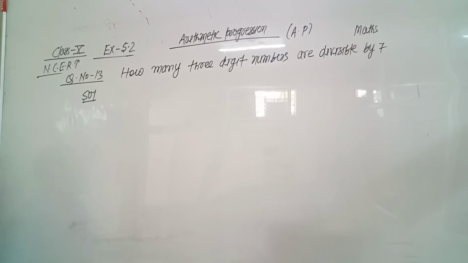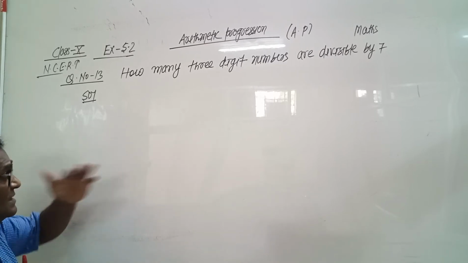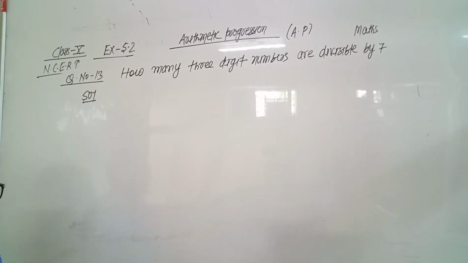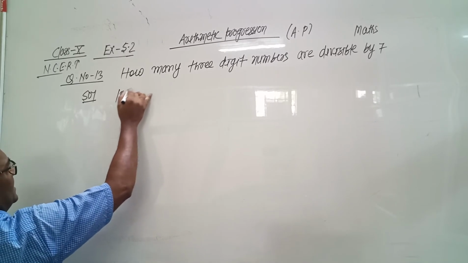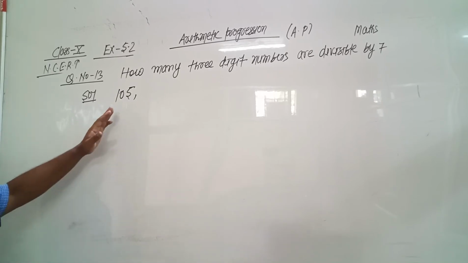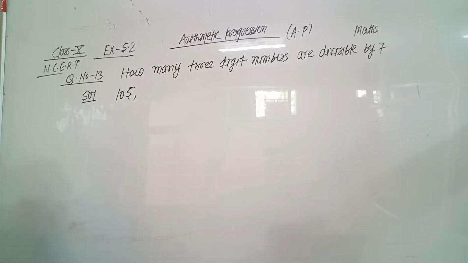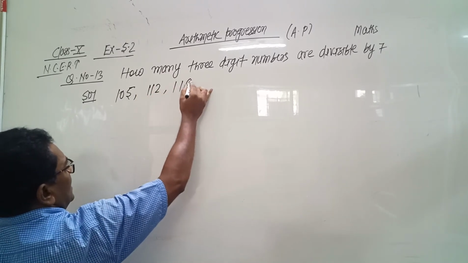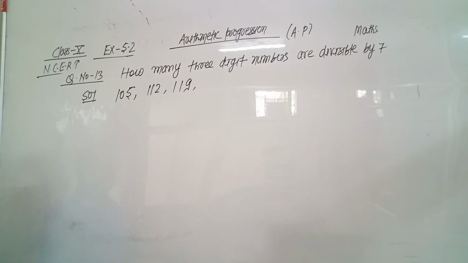So we will have to select the first 3-digit number which is divisible by 7. The first 3-digit number divisible by 7 is 105. Then add 7, the next term is 112. Then the third term is 119.